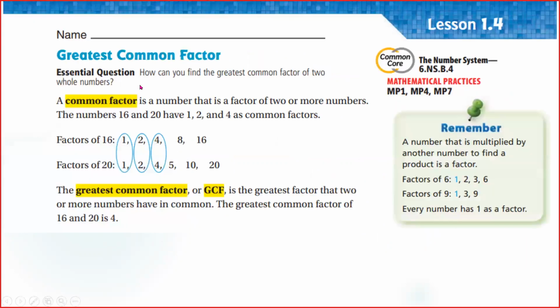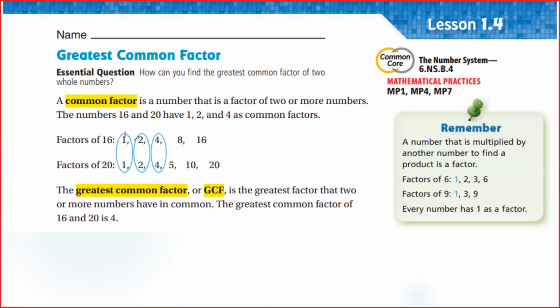Okay, now, for the greatest common factor, as you see here, we have 16 and 20. You have to write the factors of 16 and the factors of 20. What are the factors of 16? I mean all the numbers that I multiply together to get 16.